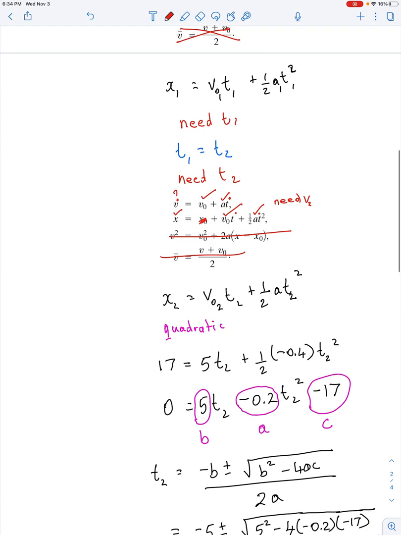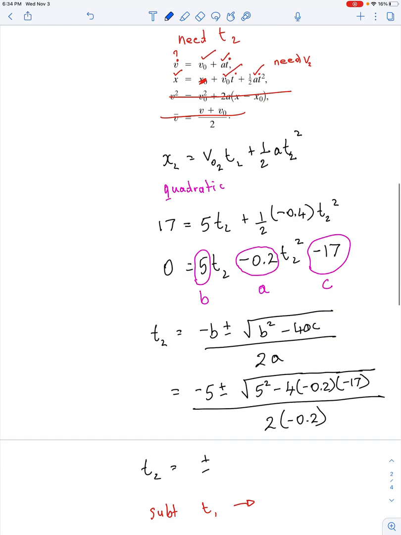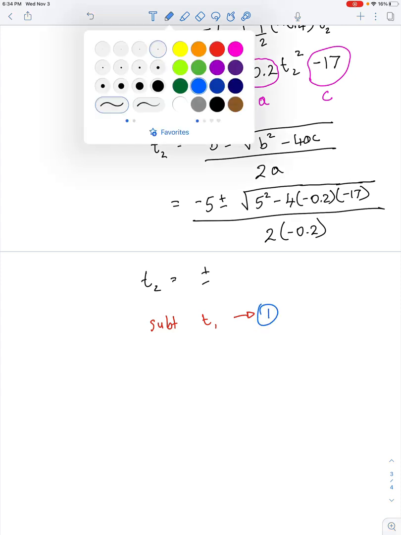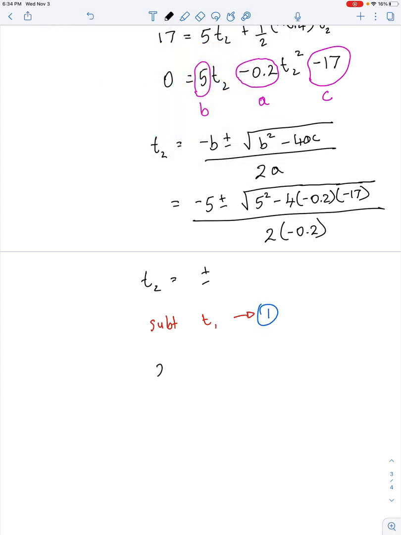I'm going to call this equation 1. So you're going to have x1 is equal to v01 t1 plus half a1 t1 squared.